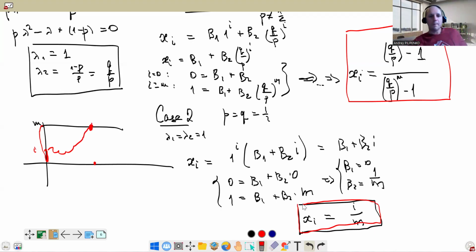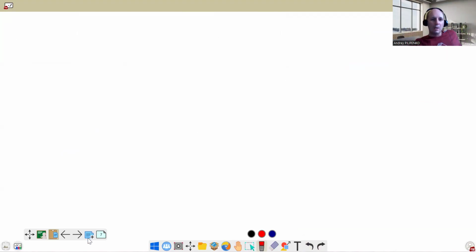Okay, if no, the next topic is, so previous equations are sometimes called homogeneous recurrent equations. Homogeneous, or linear, because you have zero in the right-hand side.